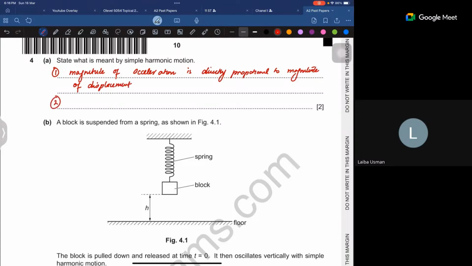And number 2, the direction of acceleration is always opposite to direction of displacement. So you can basically write this down, check everything.